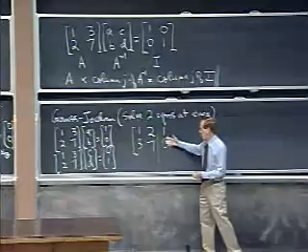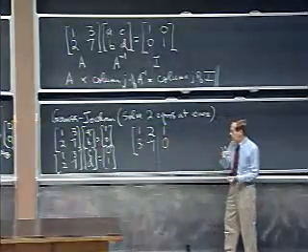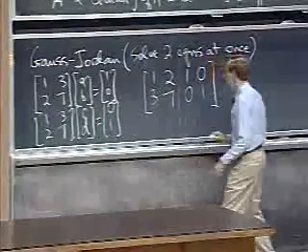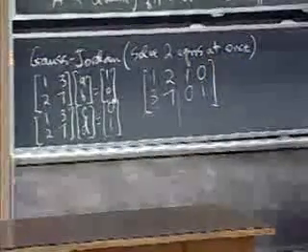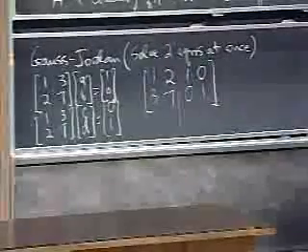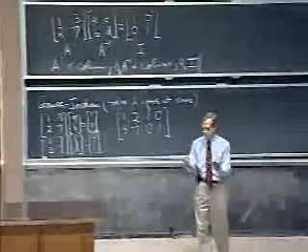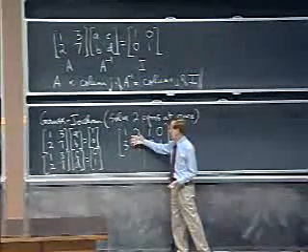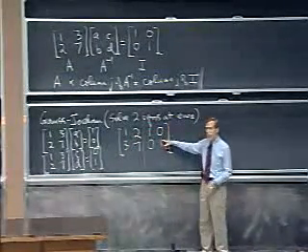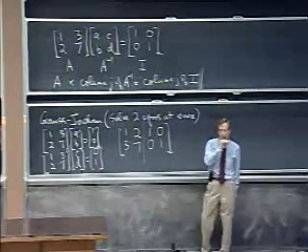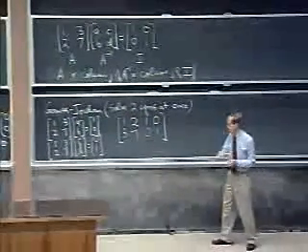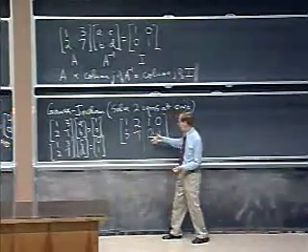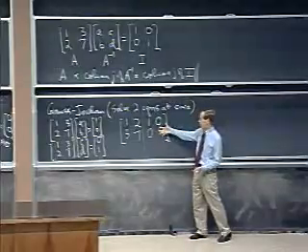Now I'm going to carry along 2 extra columns, and do elimination to make this into the identity, and lo and behold, the inverse will show up here.